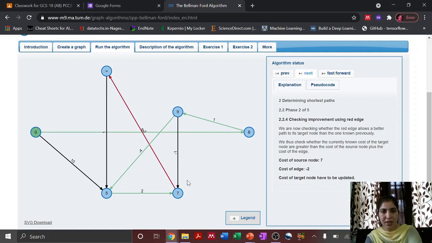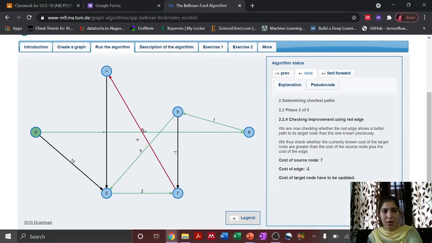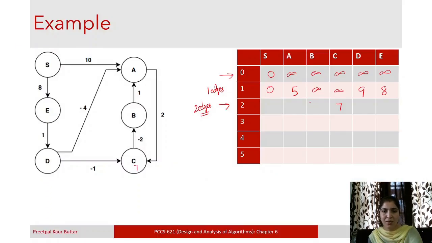Next, this vertex 7, and the distance here is minus 2, so the new distance will be 5. This 7 is C, and from there with minus 2 we are going to B. So B's distance will be changed. B's distance will be 5.